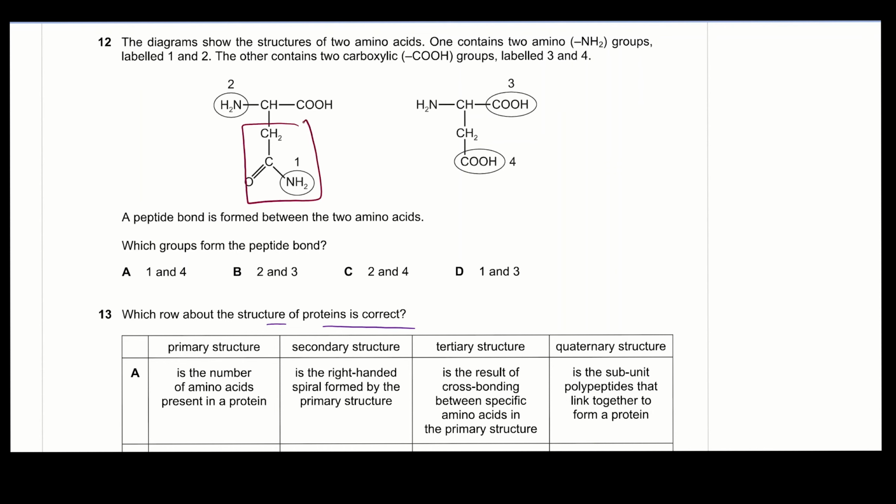Here is the R group. It's not the amine group, this is the amine group. And peptide bonds are formed between amine groups and carboxylic acid groups, not the R groups. So we know that 1 and 4 are going to be incorrect. The answer is B.